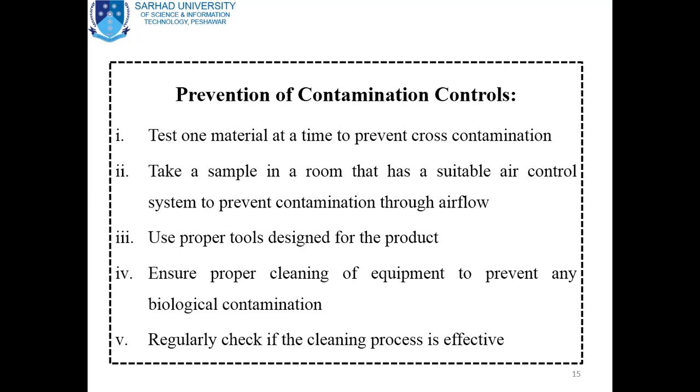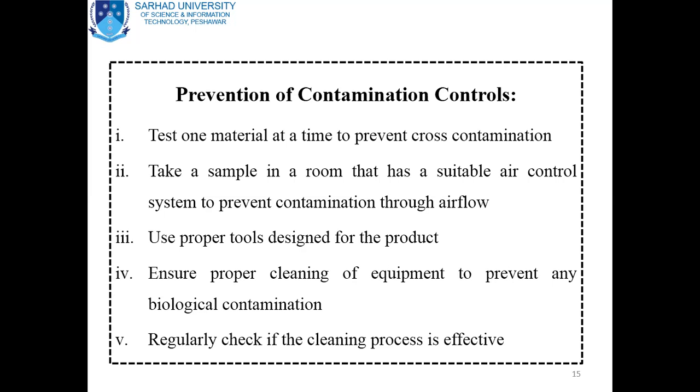We should check only one material at a time in order to prevent cross contamination. If we are testing two materials, then there will be chances of cross contamination, and our testing results will not be valid. We cannot claim with surety that this is the actual result.